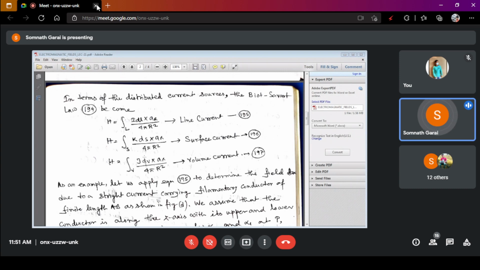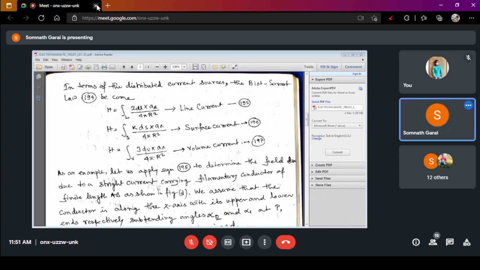The third equation, 197, represents the volume current. The magnetic field intensity H is the volume integral of J dV cross aR by 4 pi R square, where J represents the current density and dV is the differential volume.